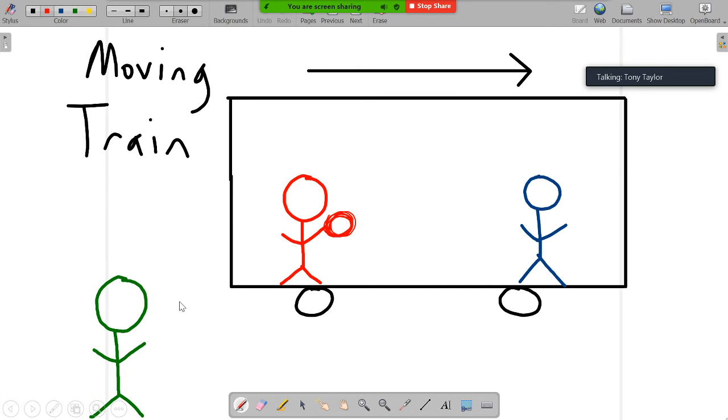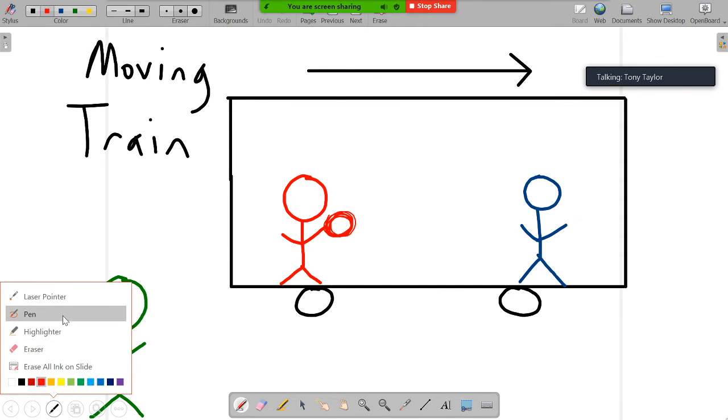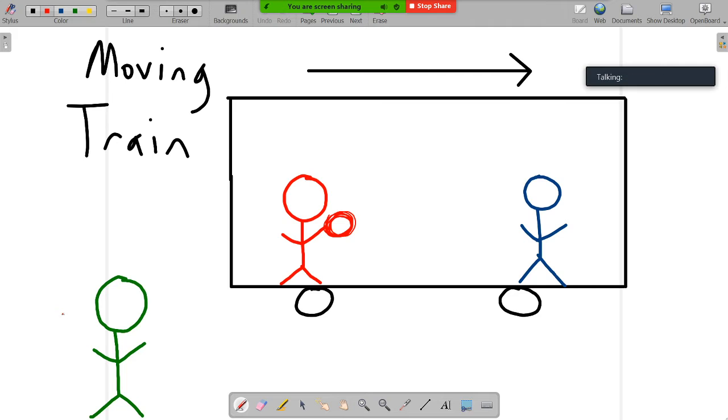Okay. Let us pretend that the person in green, from his point of view, sees the train moving at 70 miles per hour in that direction. So he sees the train moving at 70 miles per hour toward the right.